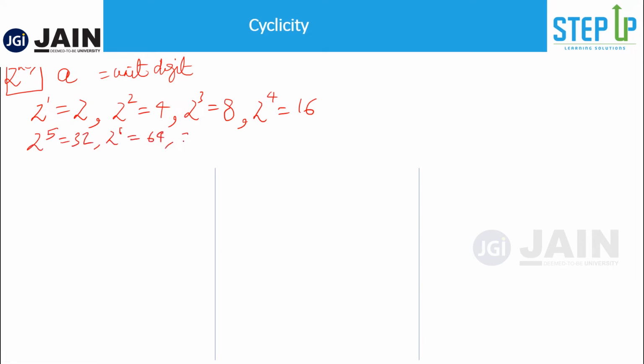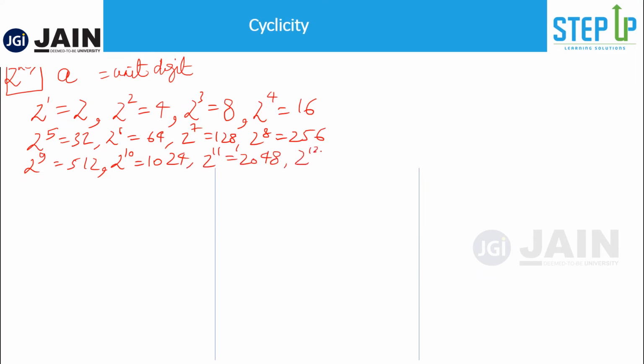Now this is very easy, you can do this fast. 2 to the power 7 is nothing but 128. 2 to the power 8 is nothing but 256. 2 to the power 9 would be 512, 2 to the power 10 would be of course 1024. 2 to the power 11 would be 2048, and 2 to the power 12 would be 4096 and so on.